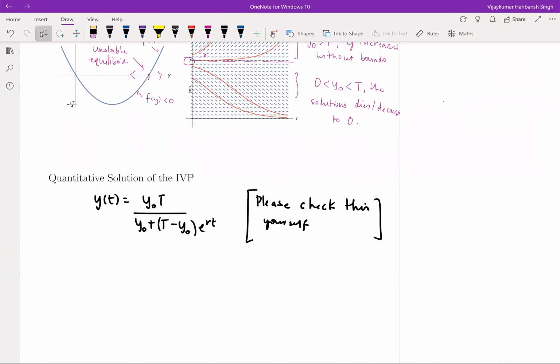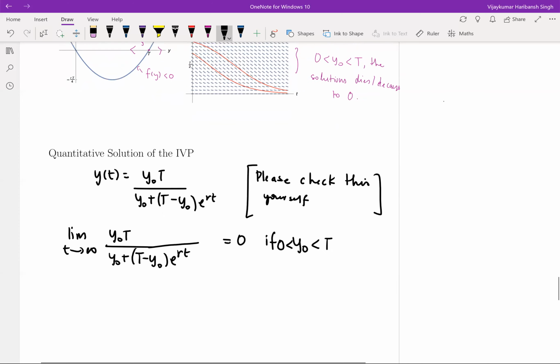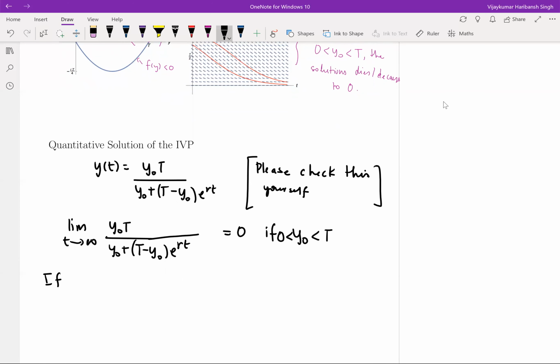Now, consider the limit as t goes to infinity of y0 T upon y0 plus (T minus y0) e to the power rt. This is 0 if y0 is less than T and greater than 0. However, if y0 is greater than T, then the solution is slightly tricky.